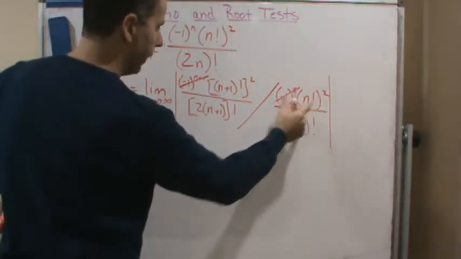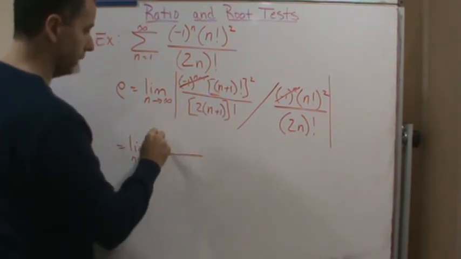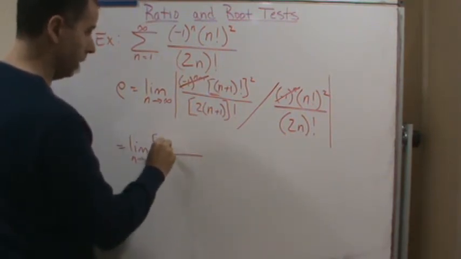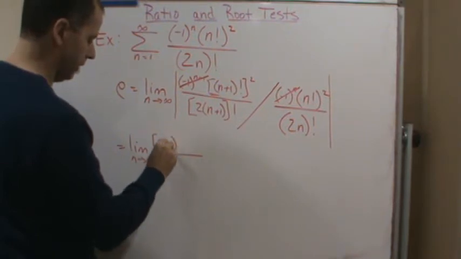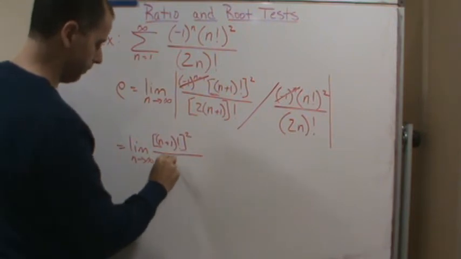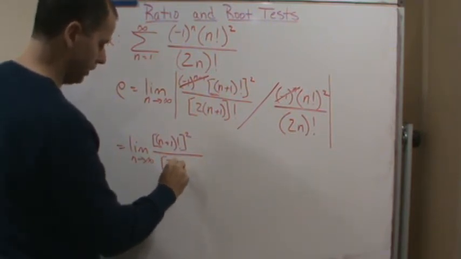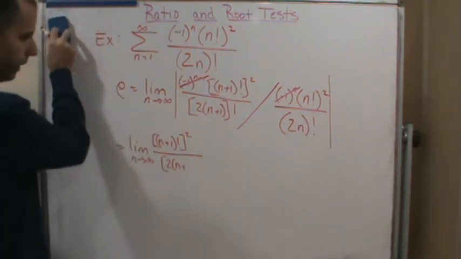And now we're going to write this as a product. So this is going to be (n+1) factorial squared over 2 times (n+1).